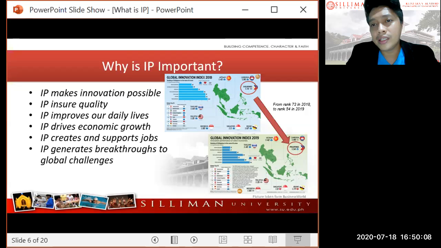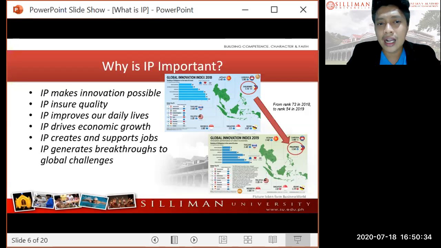The next one is IP drives economic growth. According to studies, the level and structure of innovation should not be ignored because it plays an imperative role in stimulating economic growth. I will give you an example. America's IP is worth 6.6 trillion, more than the nominal GDP of any other country in the world.